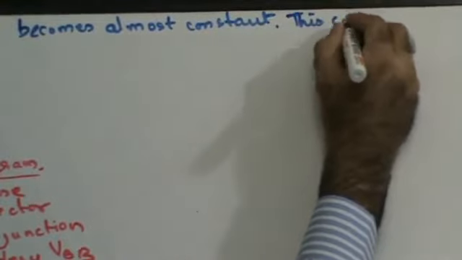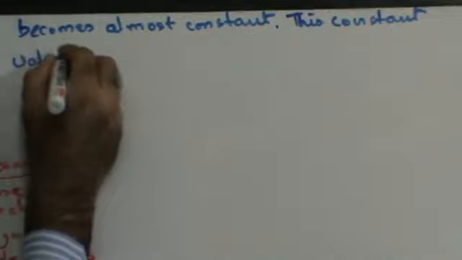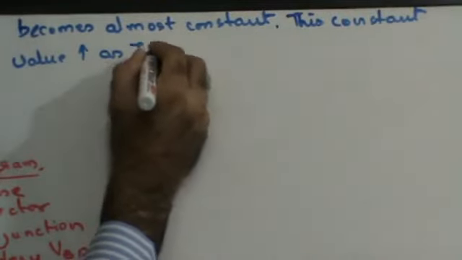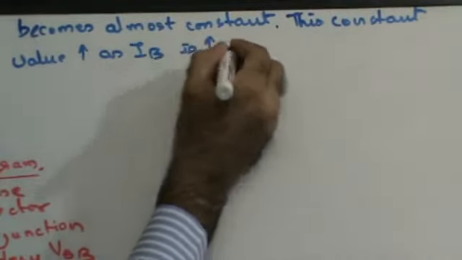This constant value increases as base current is increased. Fine, do we get this thing clear?